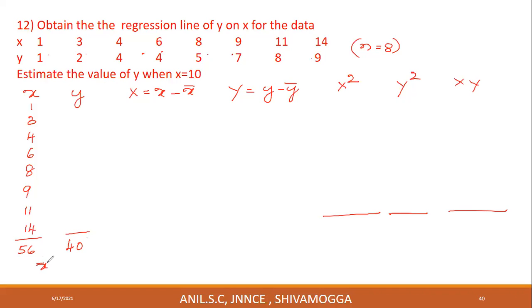Therefore, x bar is equal to summation x divided by n, that is 56 divided by 8, that is 7. X bar is equal to 7. And y bar is equal to summation y divided by n, 40 by 8, that is 5. Now we can construct these two columns, capital letter X and capital letter Y. Capital letter X is given by x minus x bar, Y is given by y minus y bar. To do that, construct this table.